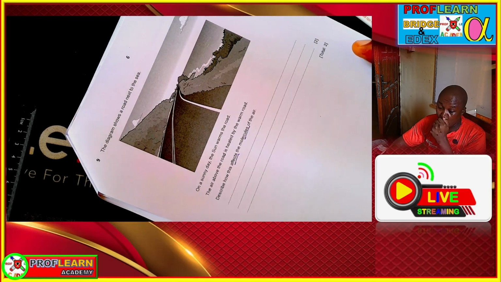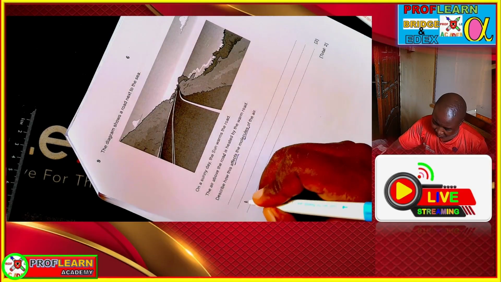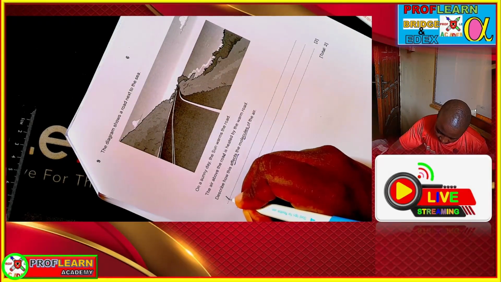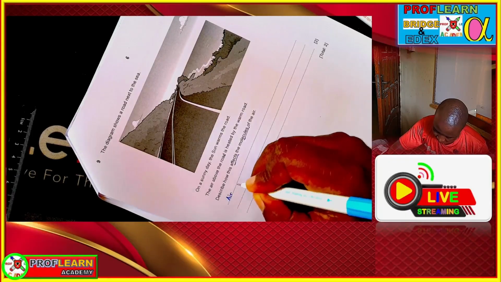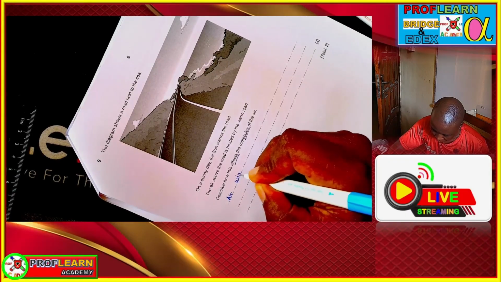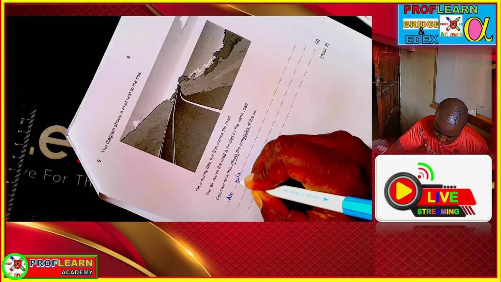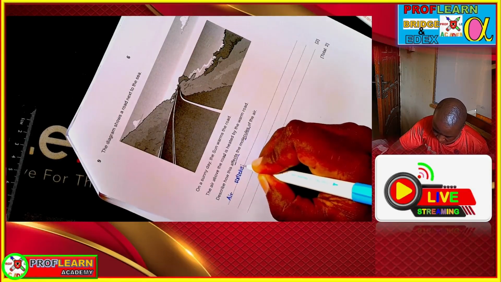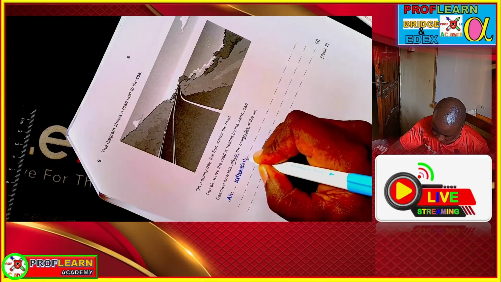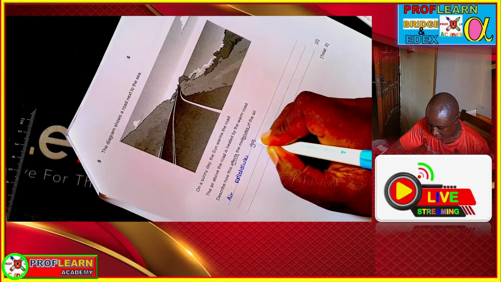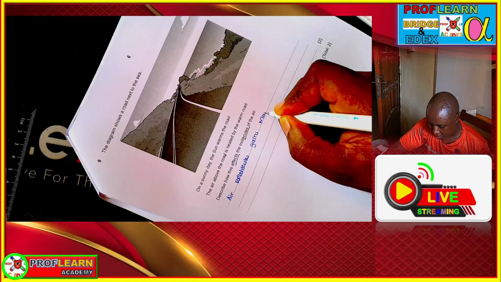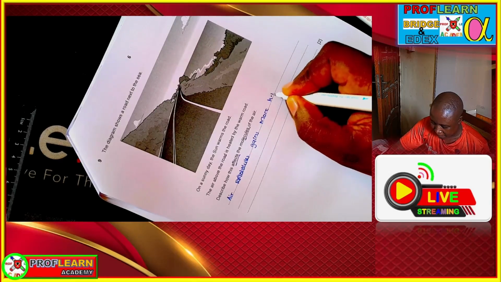And in this case, we are going to say air molecules gain more kinetic energy.